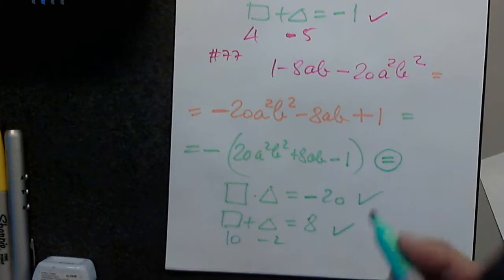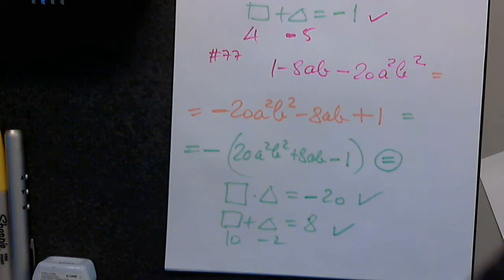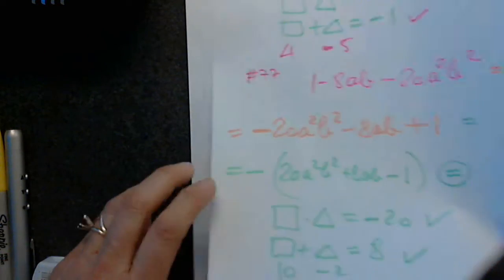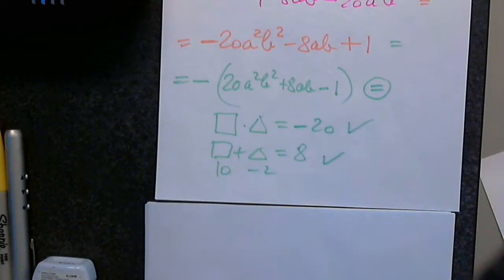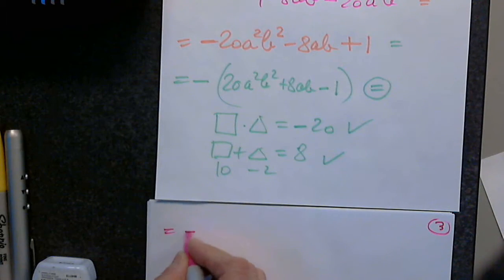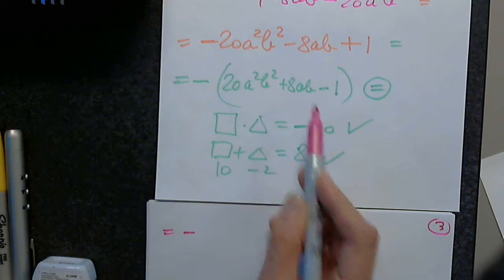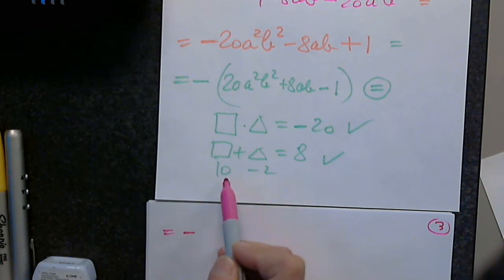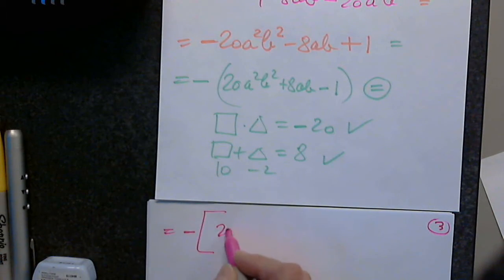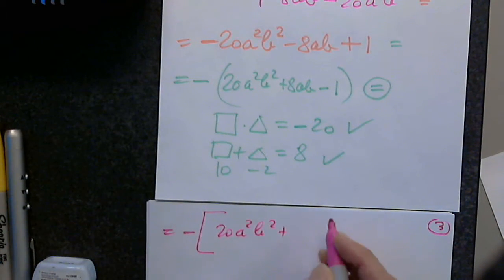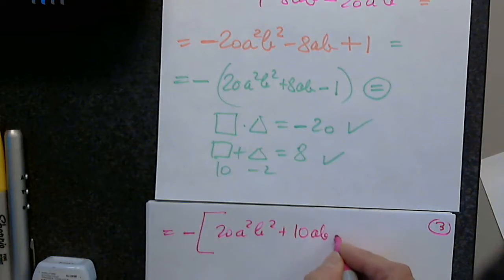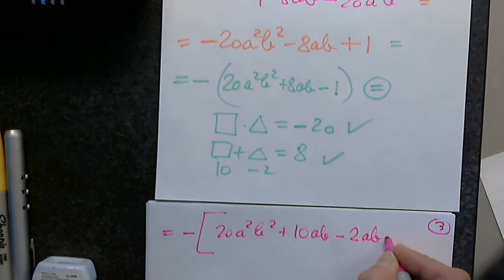Therefore, now the next step is not direct factoring. Please, let's think about this carefully. This is not the next step. The next step is replacing the middle term using the numbers you just gave me. So 20a squared b squared plus 10ab minus 2ab and minus 1.